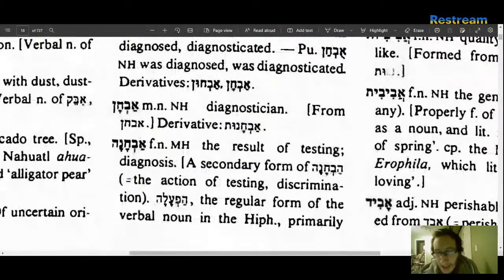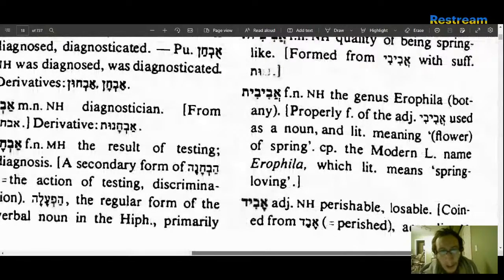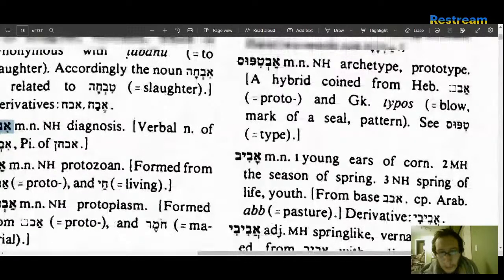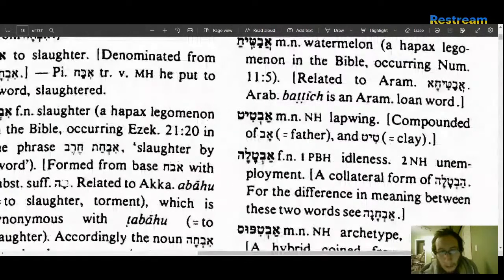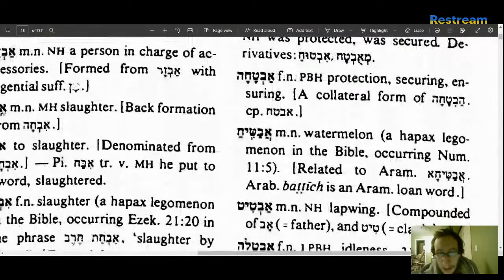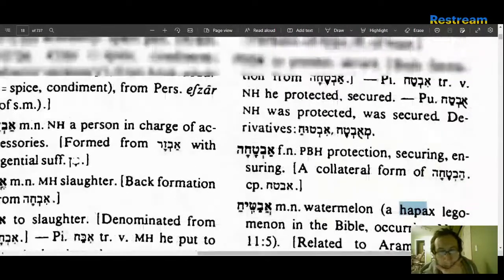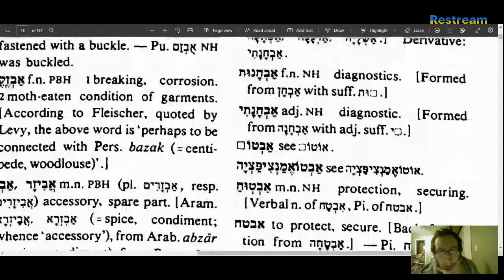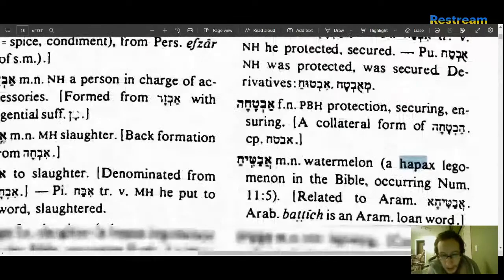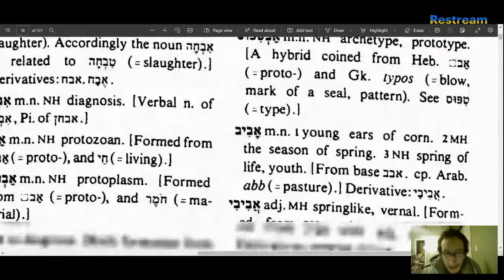See, these give all the words, even way later words. So we're not going to necessarily be going through all of them. This is in the Bible. Abtia, watermelon. It's a hapax, so it only occurs one time in the Bible. Okay, so the next word that the Akkadian one lists is aber.